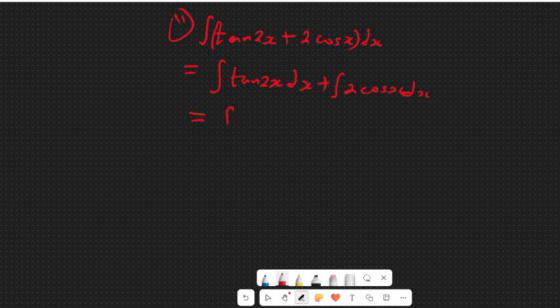Now for tan 2x, as I told you before, this is a function inside another function. So you let u be 2x. Then du over dx will give you 2. So make dx the subject of the formula, that will give you du over 2.